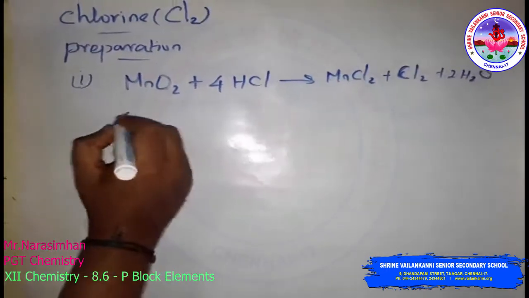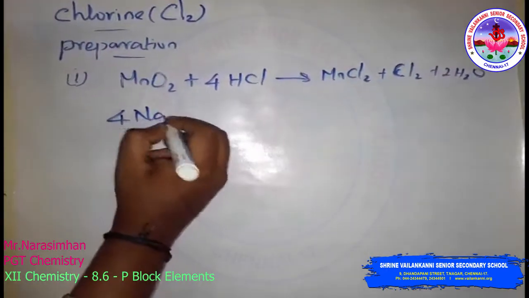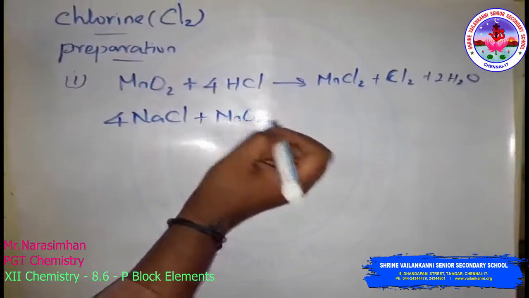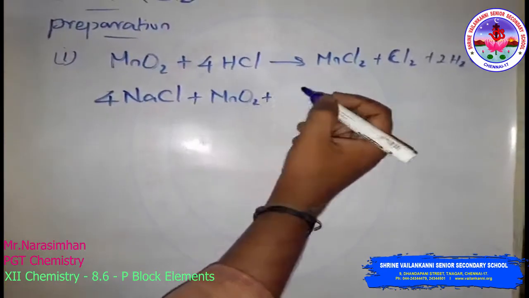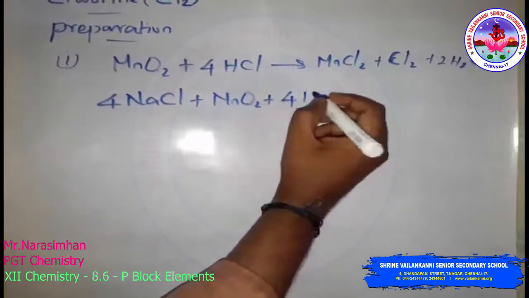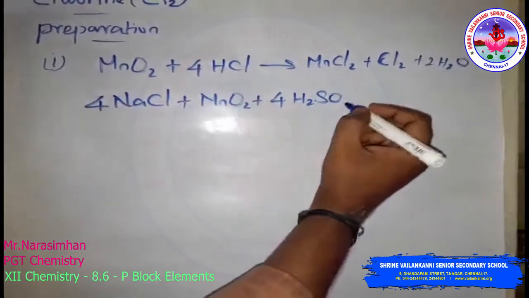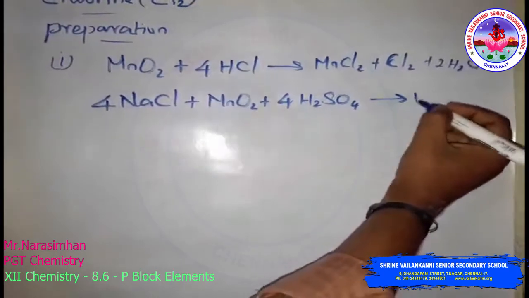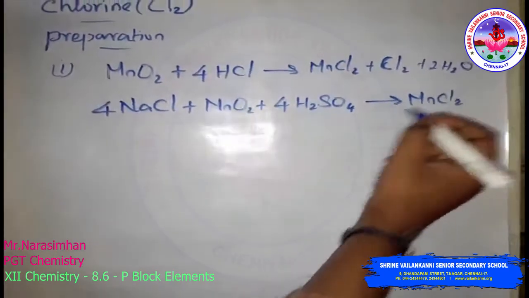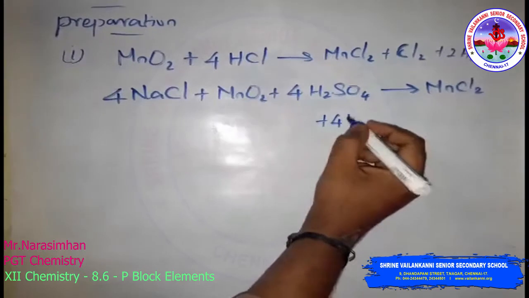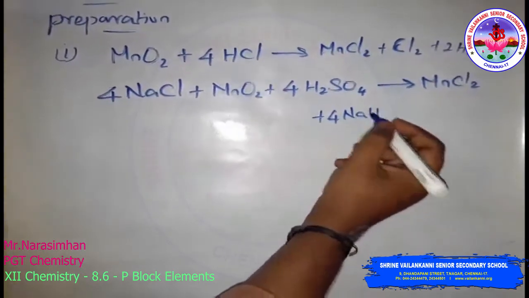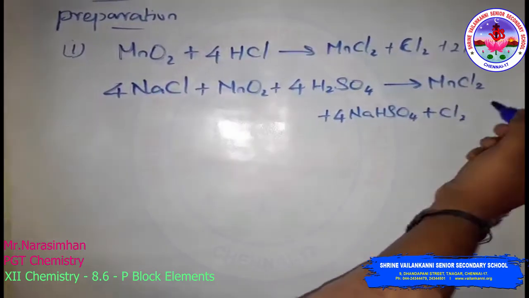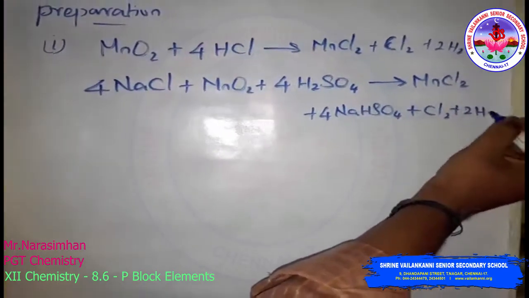Then see the reaction: the common salt, sodium chloride, reacts with manganese dioxide in the presence of concentrated sulfuric acid, and you will get manganese chloride and sodium hydrogen sulfate, chlorine and the water molecule.